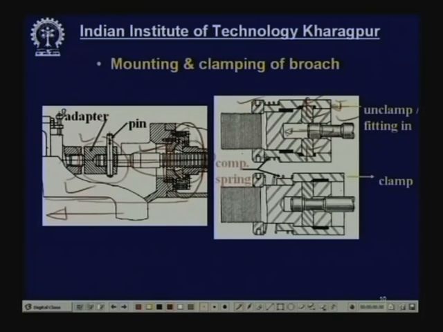After you put it inside fully, you simply release this, and this compression spring will push it outward, and then this region of the socket will push these four strips inward, and that will hold the broach by the neck. So, this is a very simple, semi-automatic kind of holding and clamping of broach. Now, this is normally used for pull type broach.